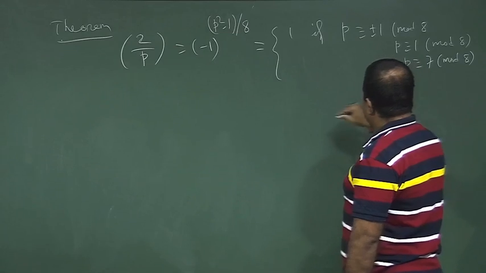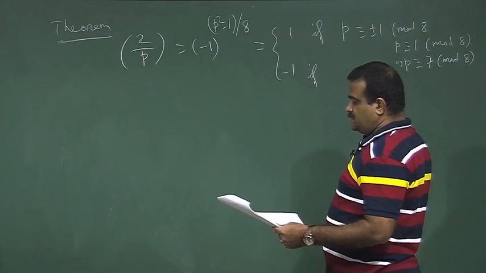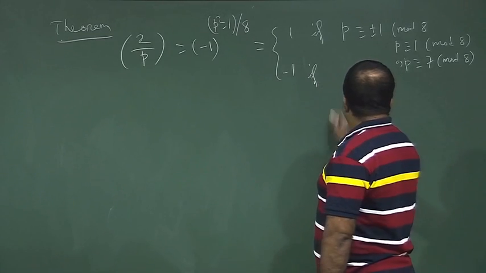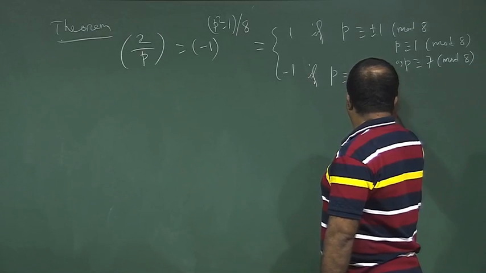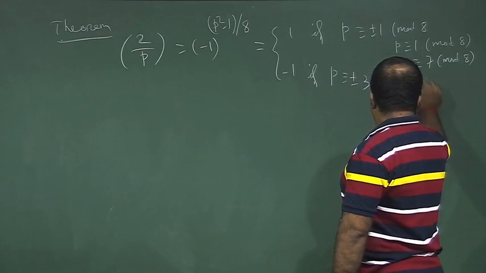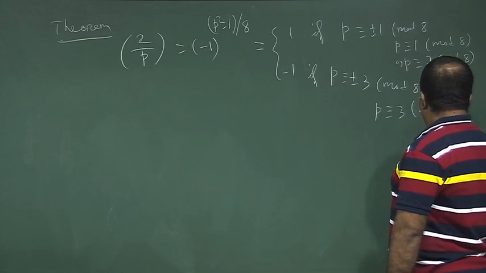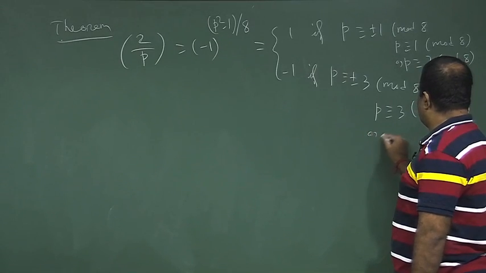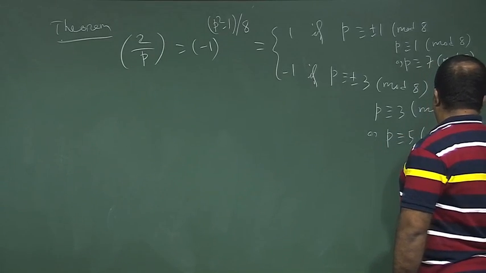Okay, this is minus 1 if P is congruent to plus or minus 3 mod 8. That means P is congruent to 3 mod 8, and for minus 3 it is basically 5, so P is congruent to 5 mod 8.